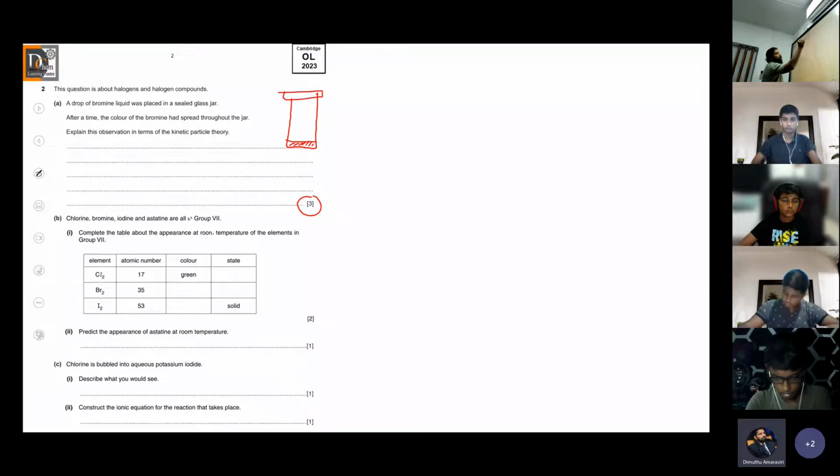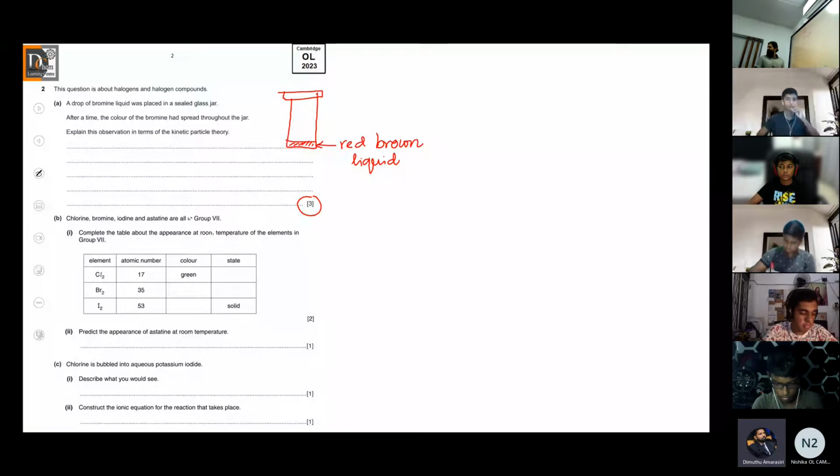Let's say you put a lid, and this red-brown liquid, bromine, its element color is a red-brown liquid. Everything in this paper is red-brown, no? Red-brown. And then the color has spread everywhere.